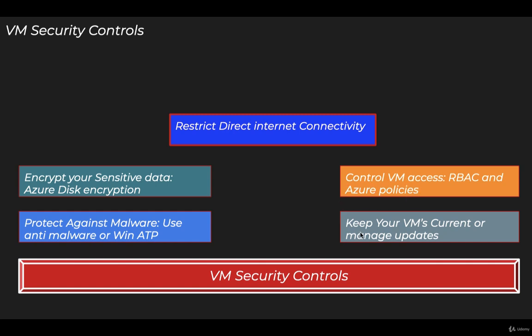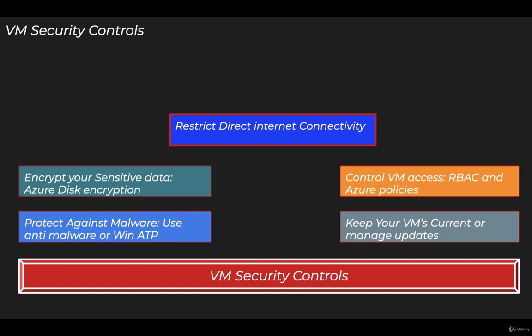Last but not least, which is also very important, is keeping your VMs current, or managing updates. For whatever VMs you have, we need to make sure that automatic patching and vulnerability scanning are happening on our virtual machines.